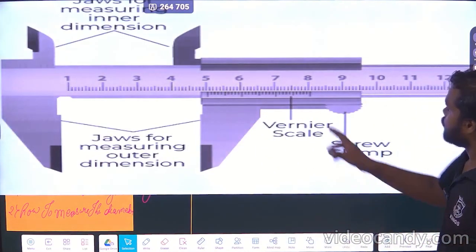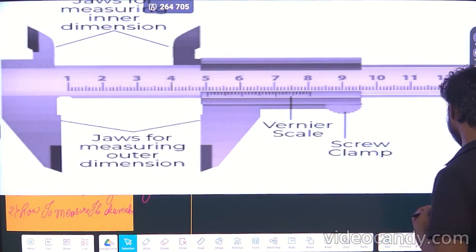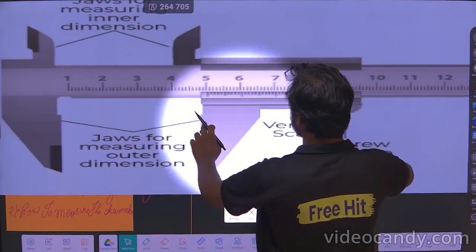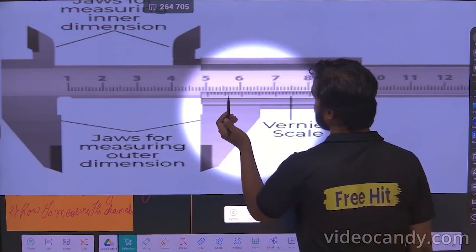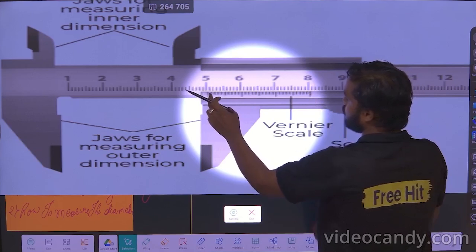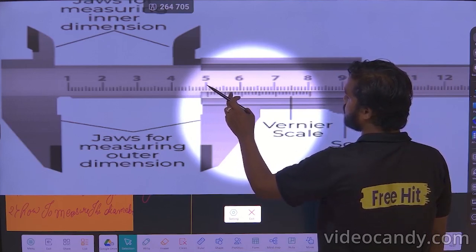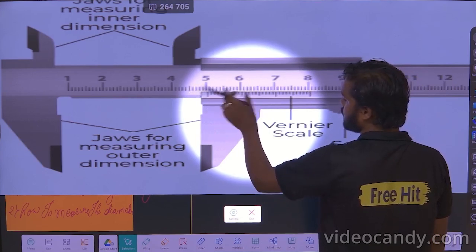Okay, these two scales are there. One thing you can see here, that is, if you see how many number of lines are there in the vernier scale, 0, 1, 2, 3, 4, 5, 6, 7, 8, 9. Okay, there are total 9 lines.